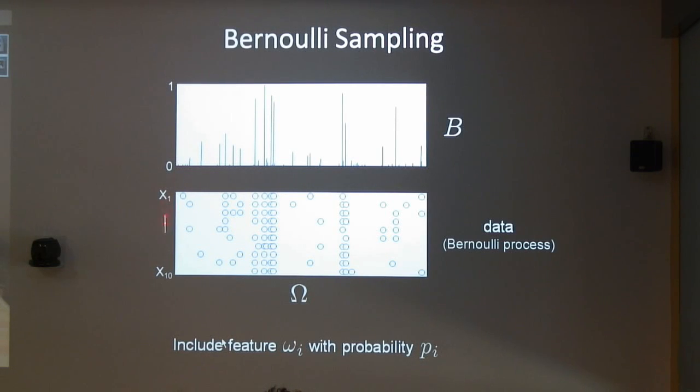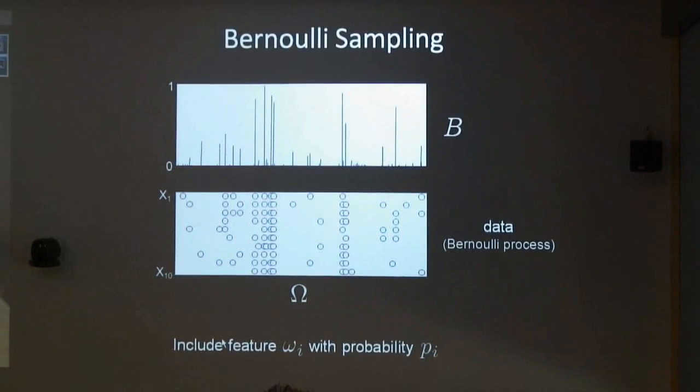So here, if I draw a bunch of points, here's the kinds of patterns that I see, and I see that some features are shared a lot, some features are not shared a lot, etc. So if you wanted to do this algorithmically, to draw this number of points, you have a little problem: the way I've defined it, you need to sample B first, and then given B, sample all these guys. But you can't sample B completely because this is an infinite object, you have an infinite list.